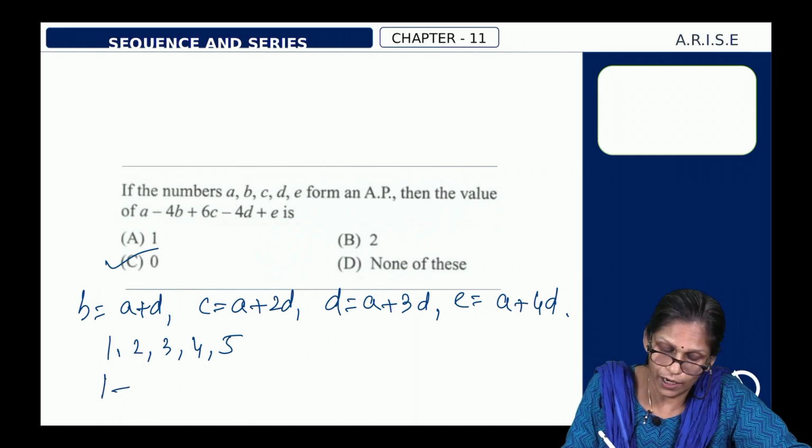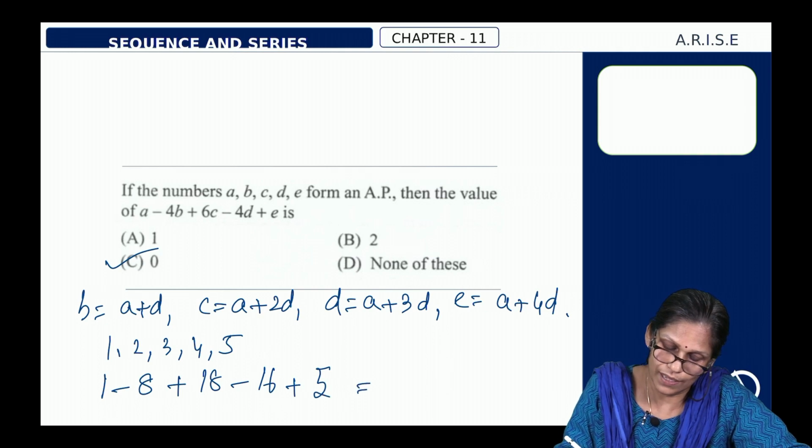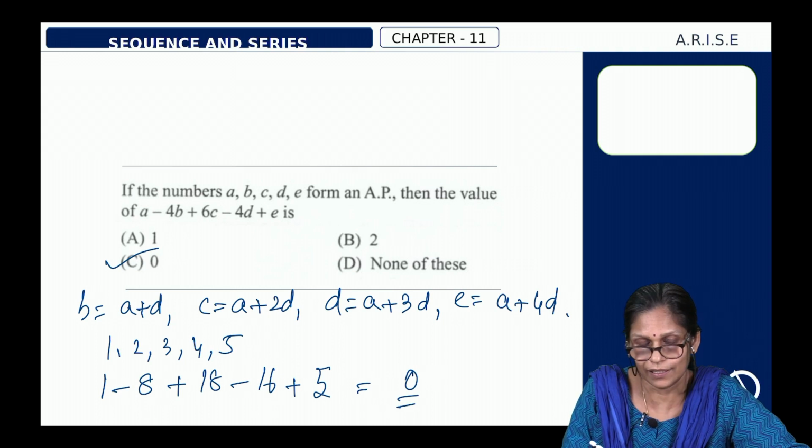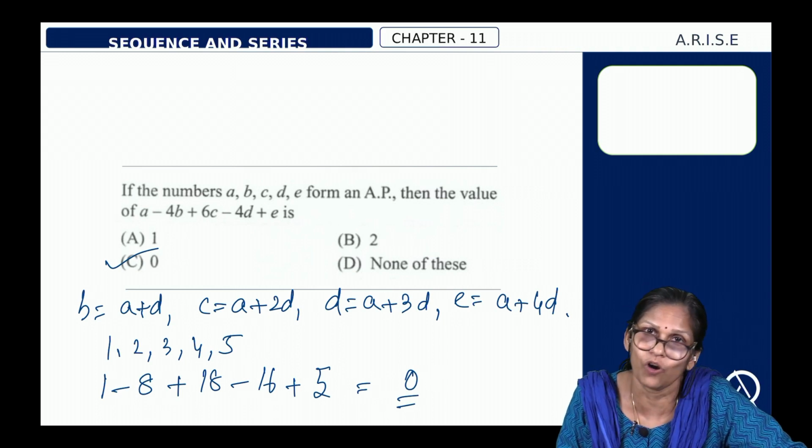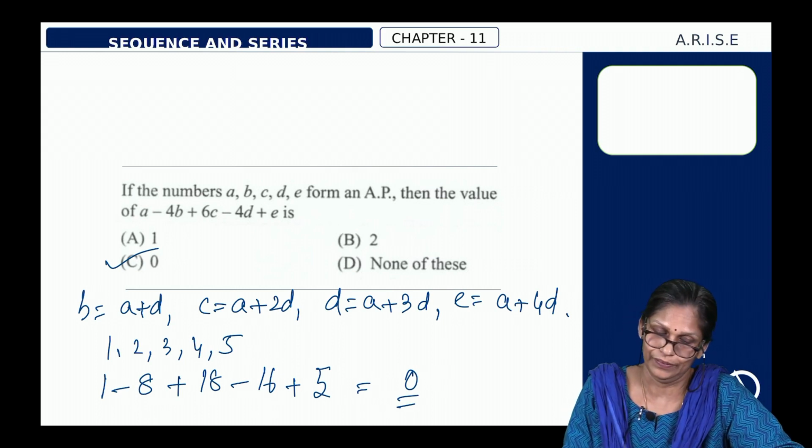Isn't it 1 minus 4 into B, that is 8, plus 6 into C, that is 18, minus 4 into D, that is minus 16, plus E, that is 5? What does that make? It is 24 minus 24, 0 is your answer. That is another better, smaller, shorter way of doing the same problem.